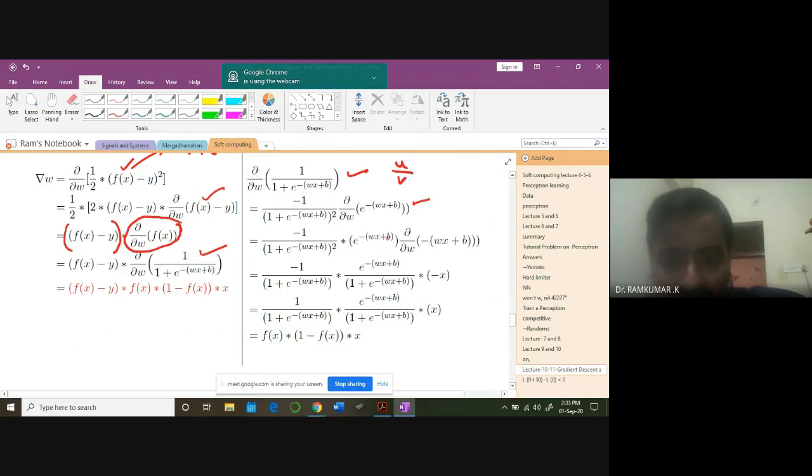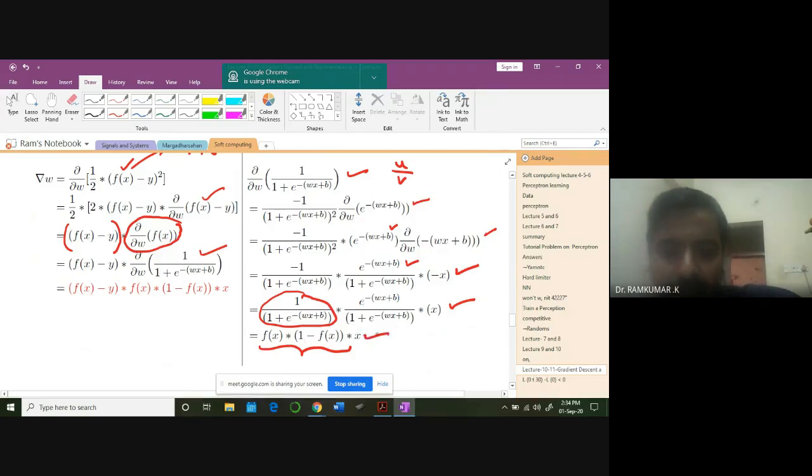Then I can write it like this: e power minus (wx plus b) times dou by dou w of minus (wx plus b). Differentiating this with respect to w, I get minus x. This you can work out easily. This is more like f of x, and then this term, if you put 1 minus f of x, you're going to get this.